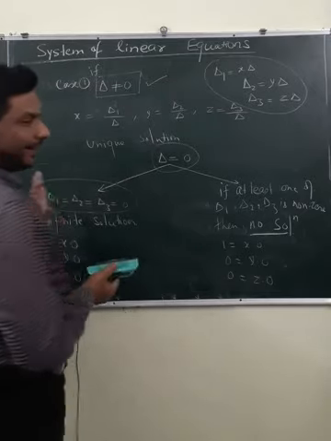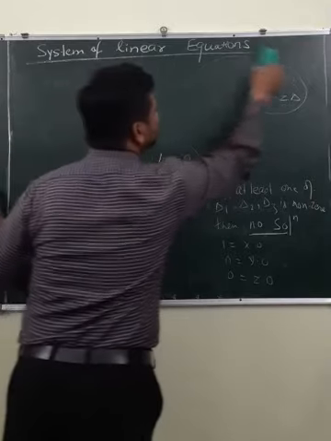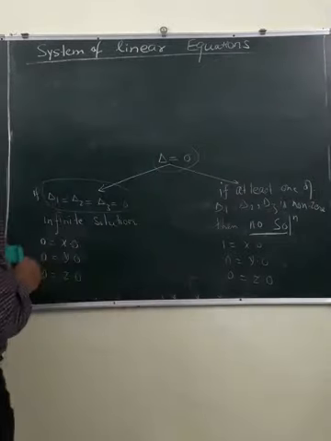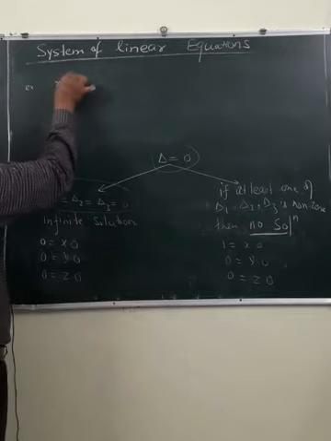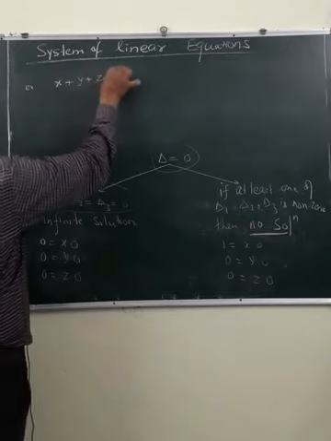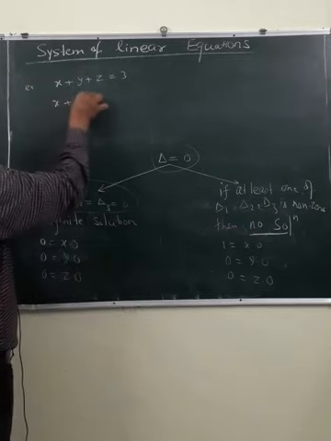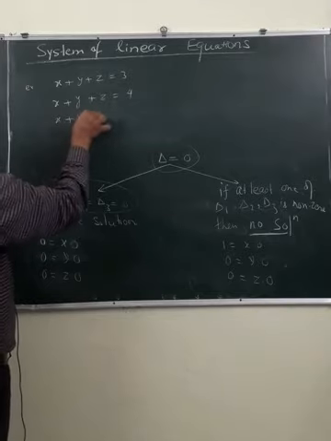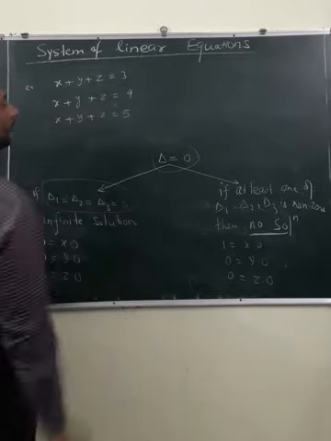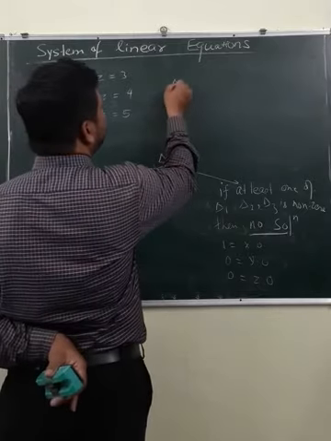I am taking one example. Take x plus y plus z is equal to 3, x plus y plus z is equal to 4, and x plus y plus z is equal to 5. Suppose this is a system of equations. I am calculating delta here.